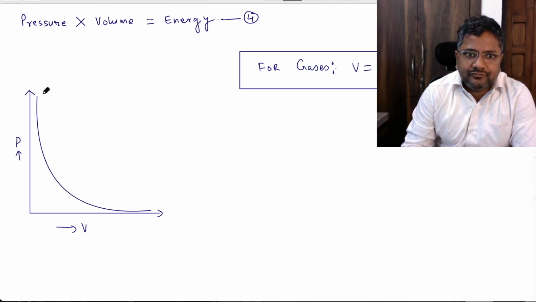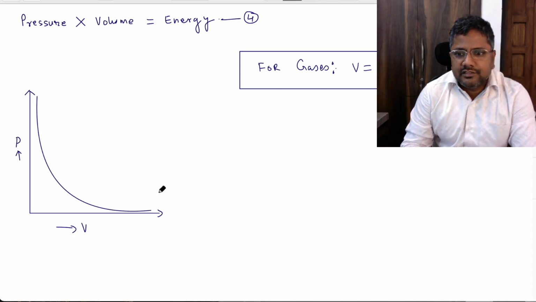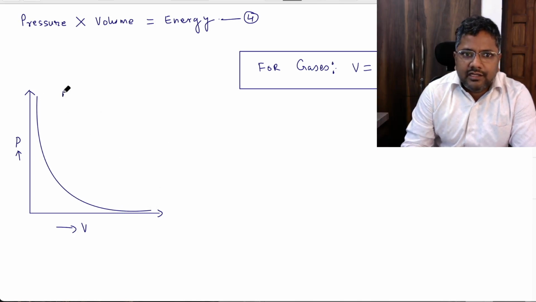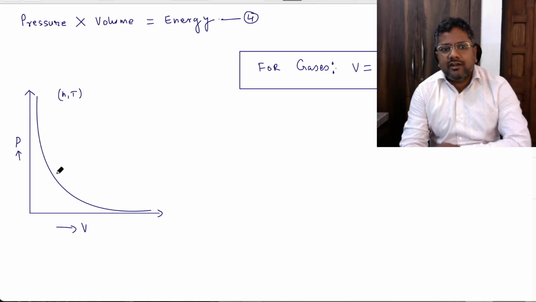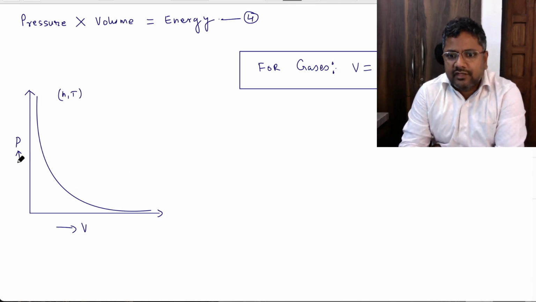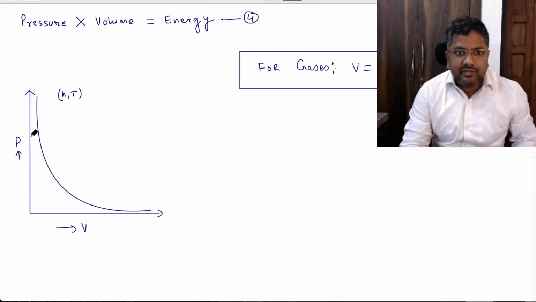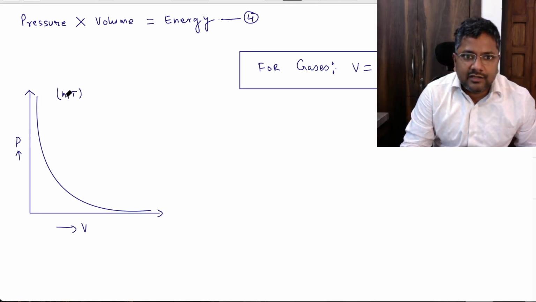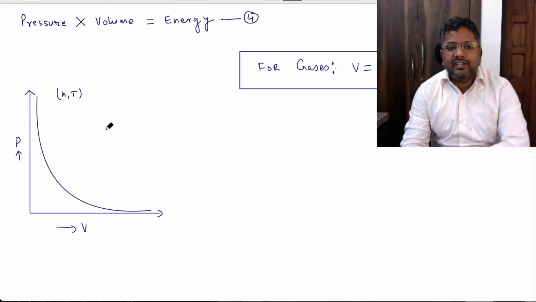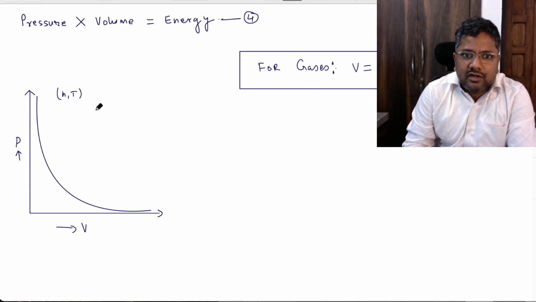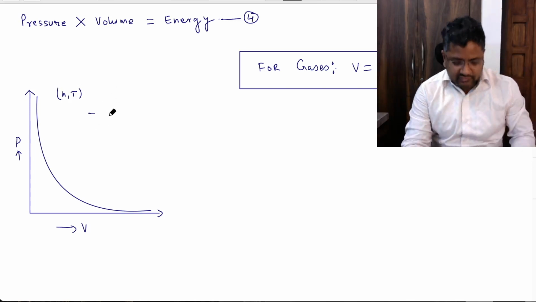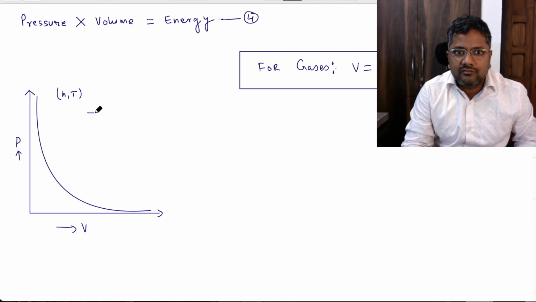So this is N and T constant. This type of curve, whenever you plot any variation between pressure and volume keeping temperature constant, is called an isotherm.